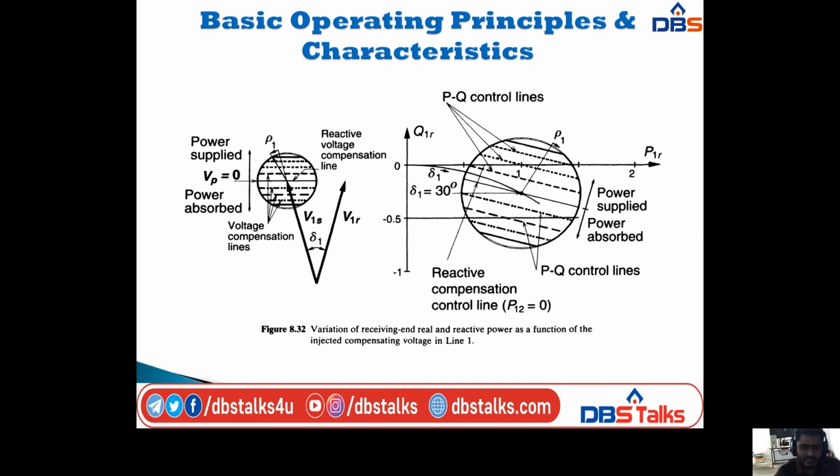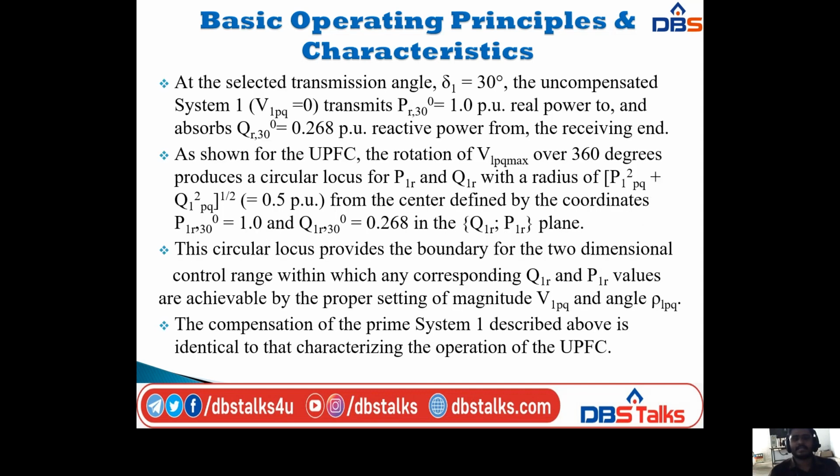So at the selected transmission angle, that is at 30 degrees, the uncompensated system, that is V1 is equal to 0, transmits PR at 30 degrees equal to 1 per unit real power, and absorbs QR at 30 degrees, that is 0.268 per unit reactive power, from the receiving end.